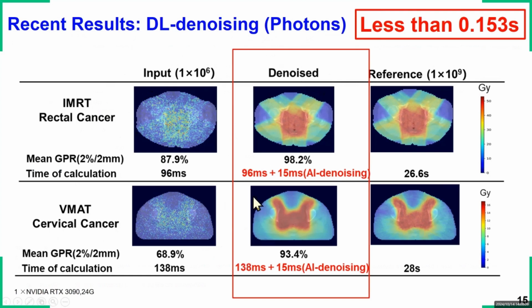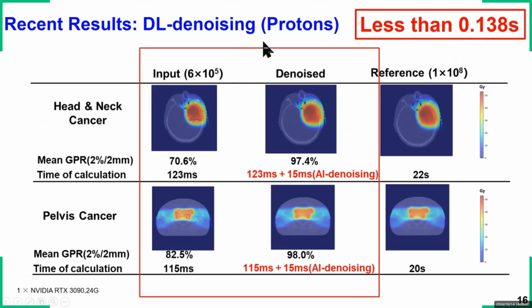Now, the entire process, I would like to indicate, took less than 0.153 seconds to complete. That includes the dose calculation with noisy information plus the deep learning-based denoising method, altogether combined taking 0.153 seconds.